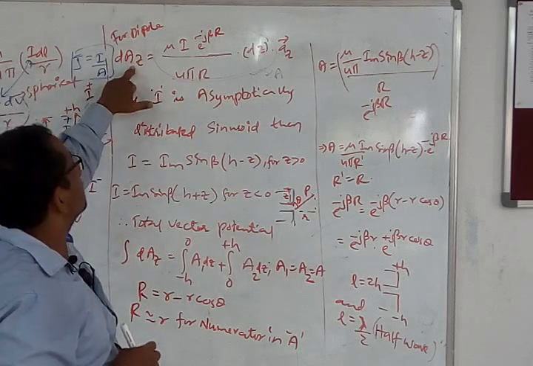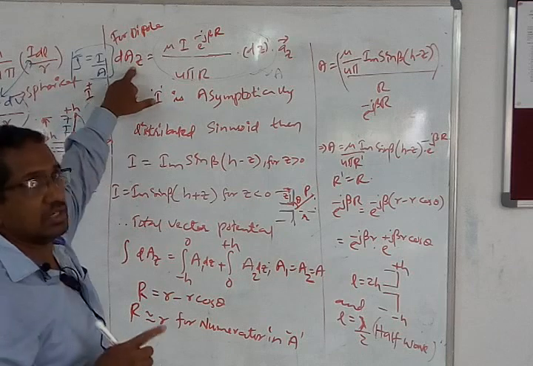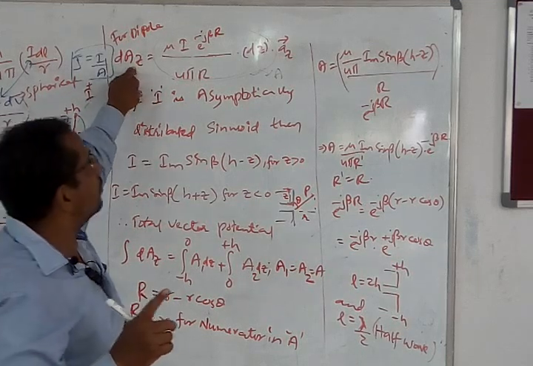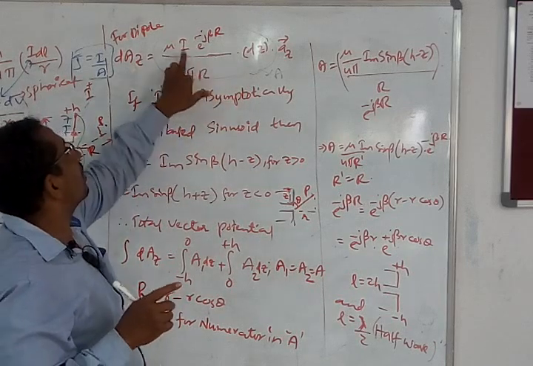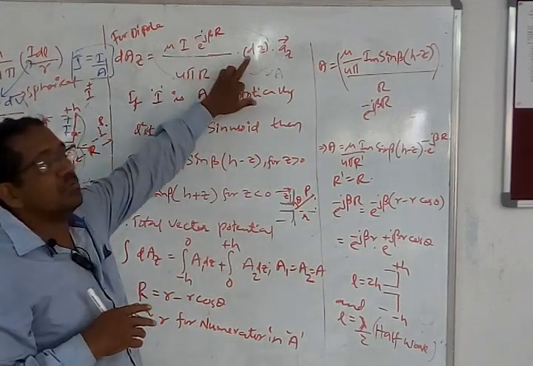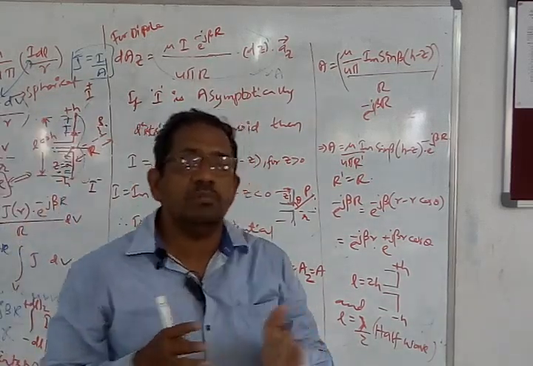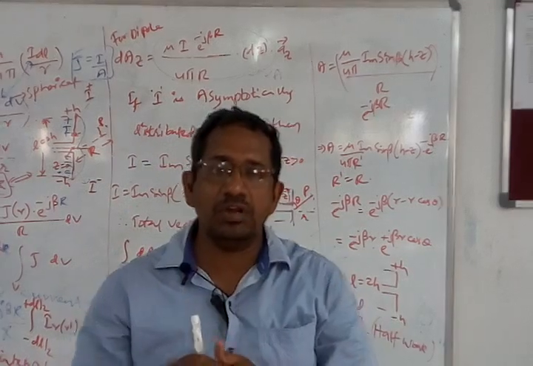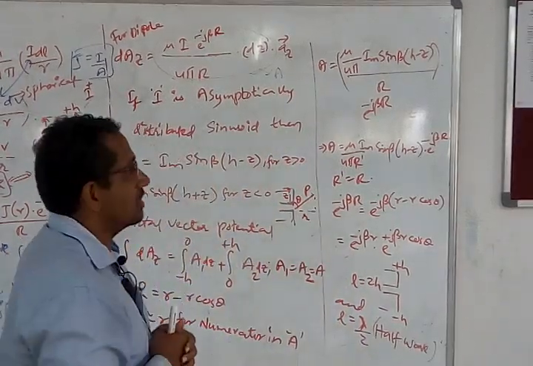So we will consider the differential component A is equal to, now we have got an integration of I into dl. This I is normally going to be a constant, so I will take it outside. Then what about dl now? dl is normally going to get integrated from minus dl by 2 to plus dl by 2, where the length of the line is taken as equal to dl.